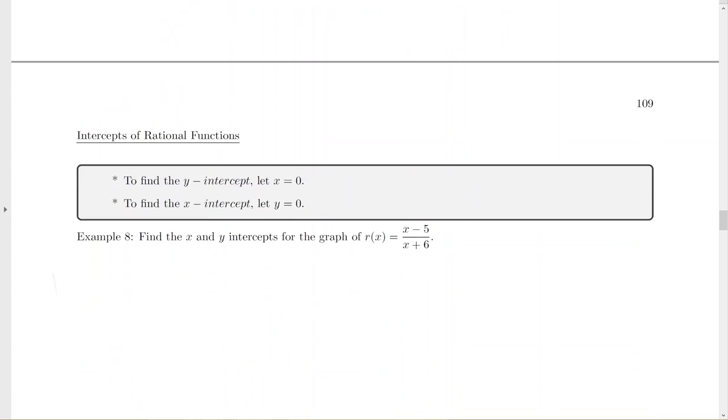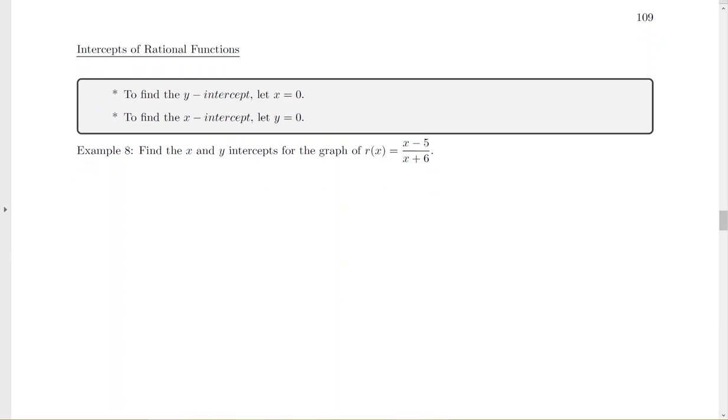Okay. Then the last thing in this section is finding the intercepts. And this really isn't too hard. To find a y-intercept, you let x equal 0, solve for y. And this just involves arithmetic. So for these problems here, I'm going to go ahead and find the y-intercept.